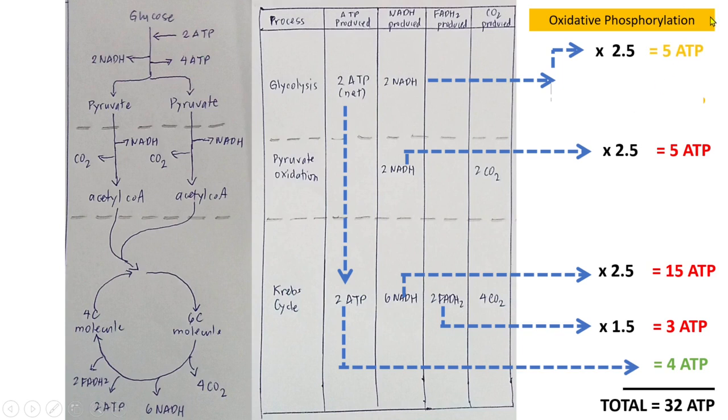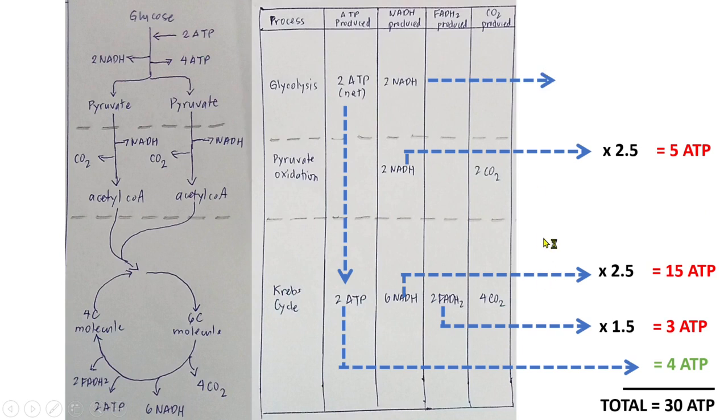So adding everything up, 5 plus 5 is 10, plus 15 is 25, plus 3 is 28, plus 4 is 32. So the total of the ATPs from the oxidative phosphorylation coming from NADH and FADH would be around 32, going through the first pathway.